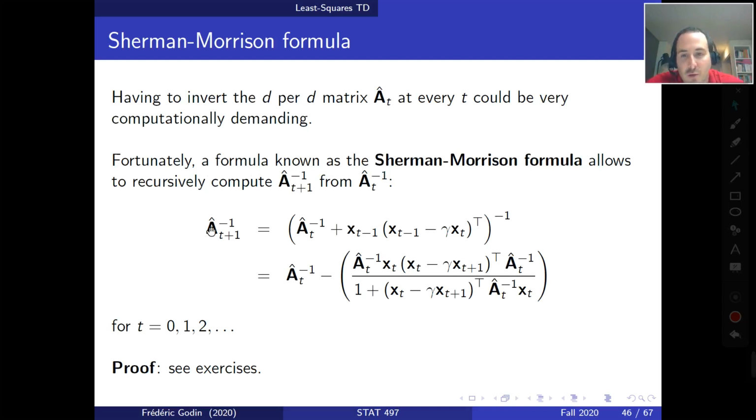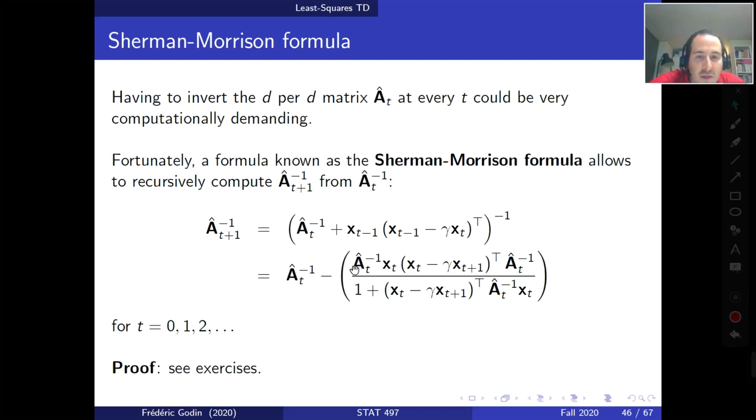You could use the following recursive formula, which says that the inverse of your matrix A hat at time t plus 1 is your inverse at time t, so your previous step inverse, minus a correcting term. This correcting term involves the inverse of the previous matrix, which you've already computed in previous steps, and then you need to multiply by the feature vectors.